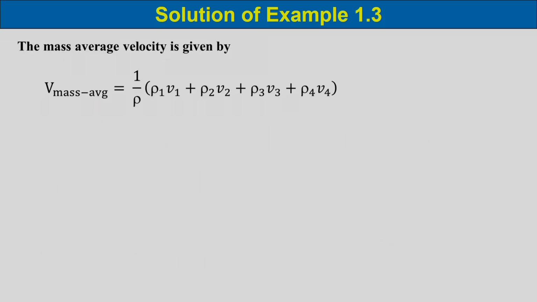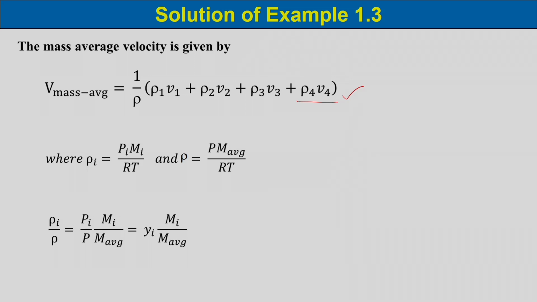The mass average velocity is given by V mass average equal to 1 by rho into rho 1 V 1 plus rho 2 V 2 plus rho 3 V 3 plus rho 4 V 4. Rho i is equal to P i M i divided by R T, and rho is equal to P M average divided by R T. So, rho i by rho is equal to P i by P into M i by M average, which is equal to y i M i by M average.